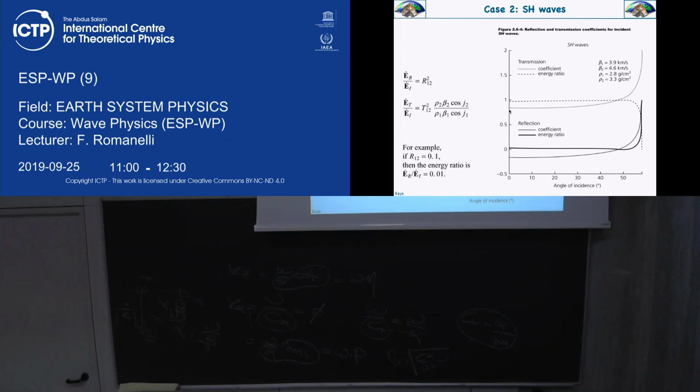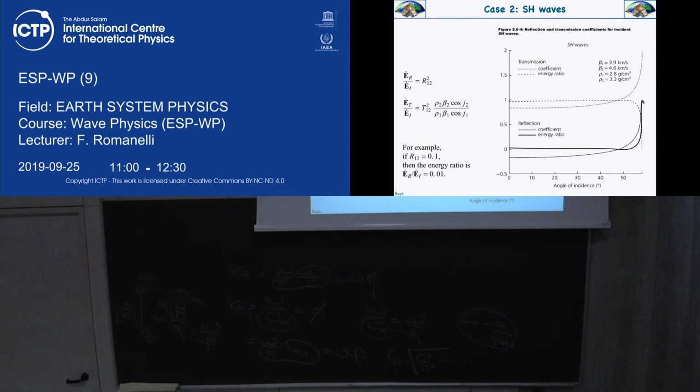Well, it's going to increase and to have a sort of an asymptote there. What about this one? Well, it's going to increase and to have an asymptote there. Now, if we sum the energies, if we compute the energies of reflection and transmission over a unit, what you get here is this and this. What's going to happen?